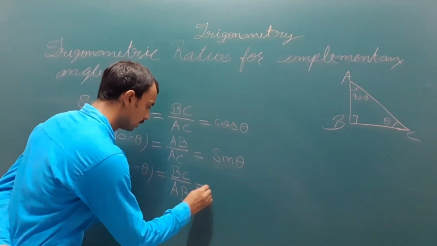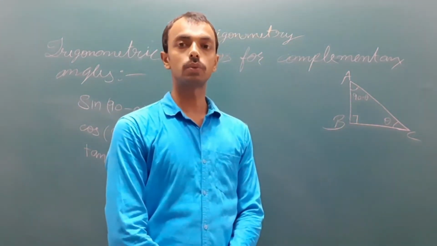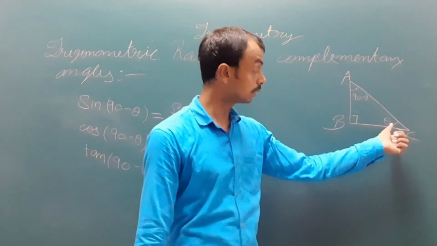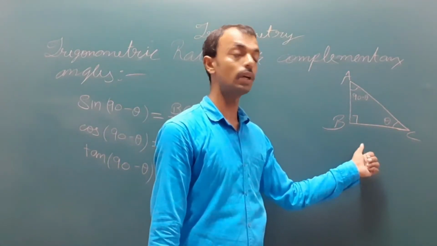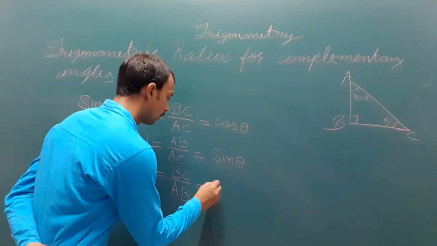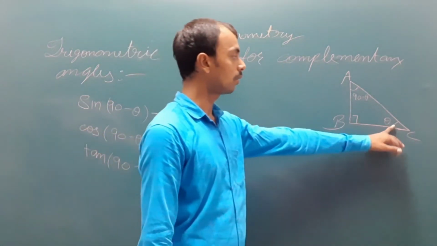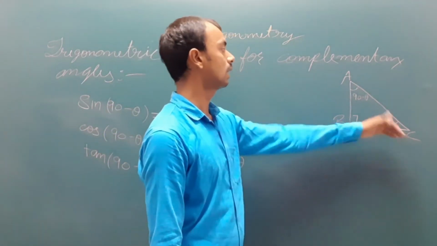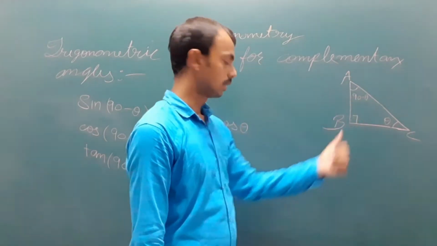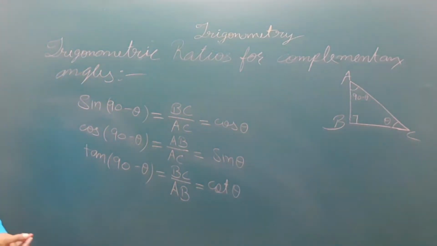But BC is adjacent to angle theta also, and AB is opposite of angle theta. So it is cot of theta, because cot of theta is adjacent upon opposite, that is BC upon AB.